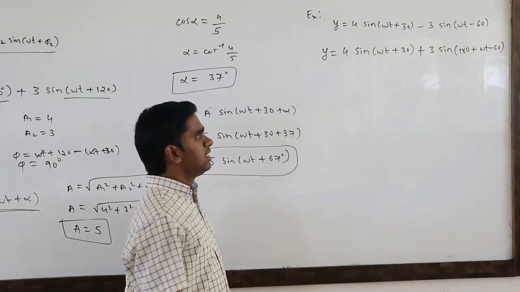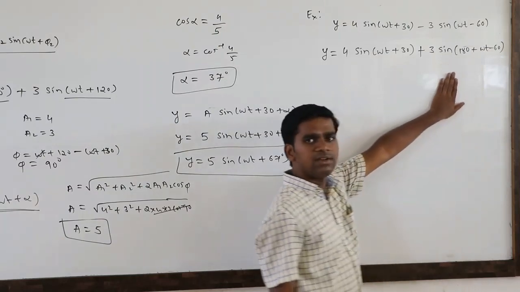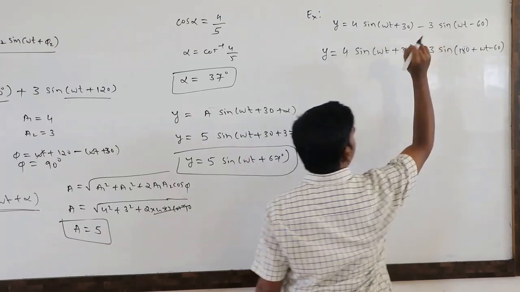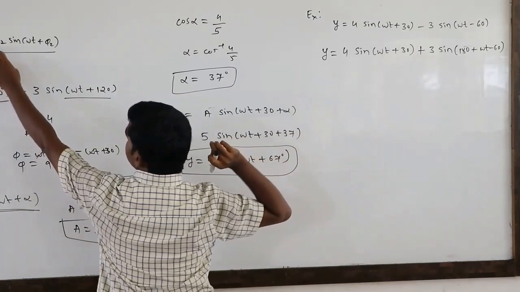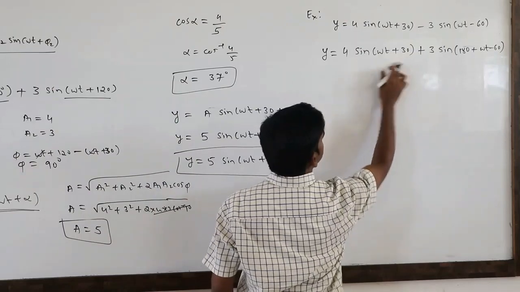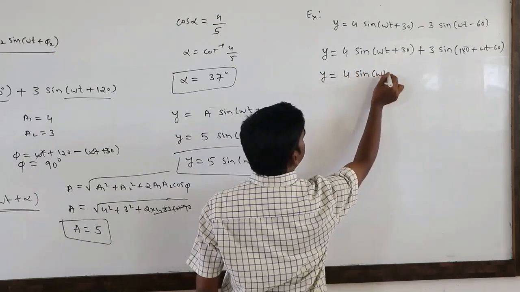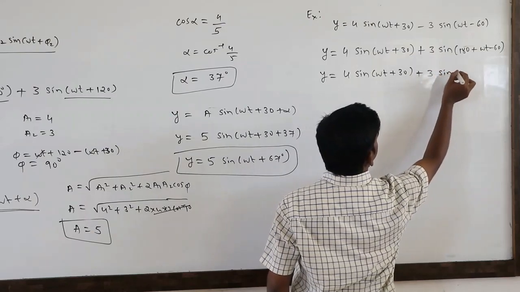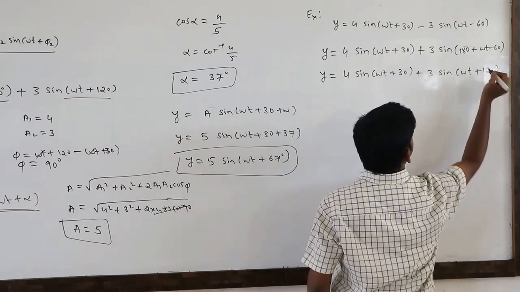Getting the point? Sin of 180 plus theta is minus sin theta, so this gives you the same one. Now the positive sign is there, as in the standard equation, so we can apply it. Simplifying: y equals 4 sin(omega t plus 30) plus 3 sin(omega t plus 120), since 180 minus 60 is 120.